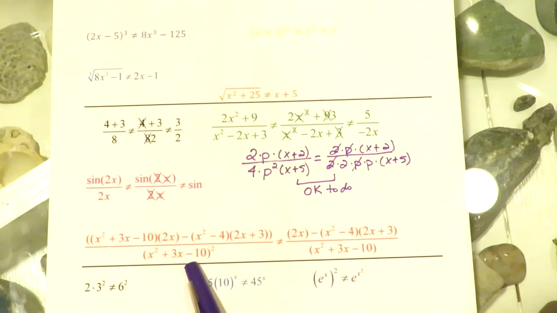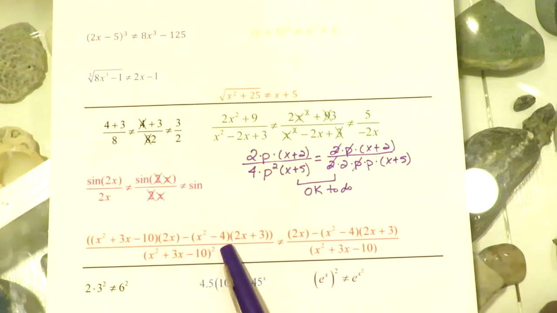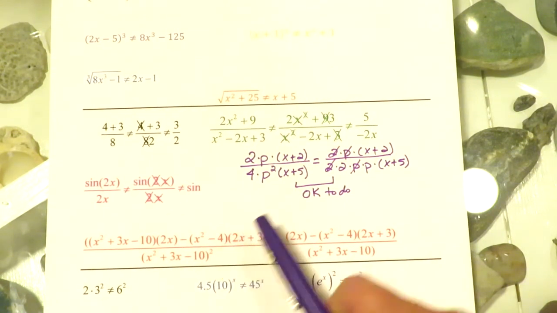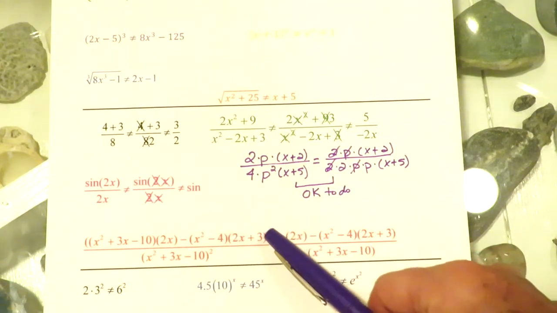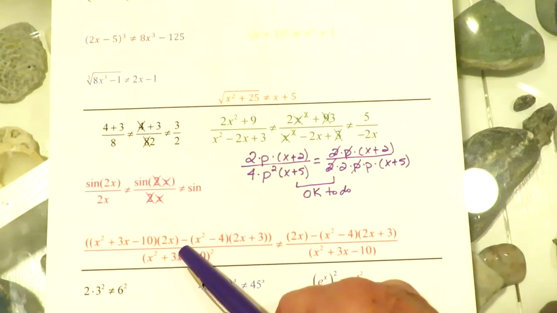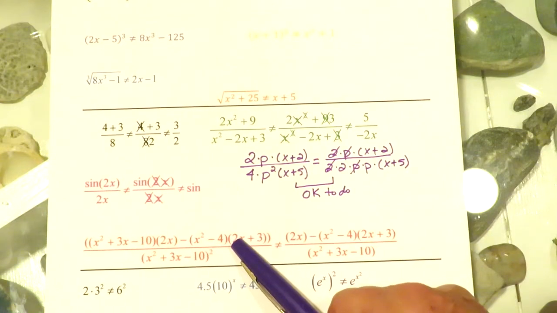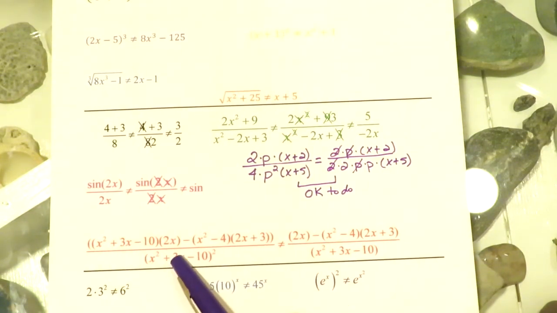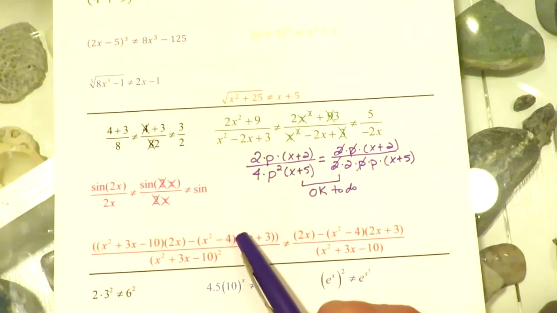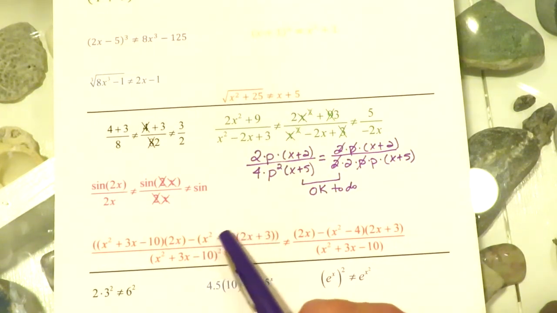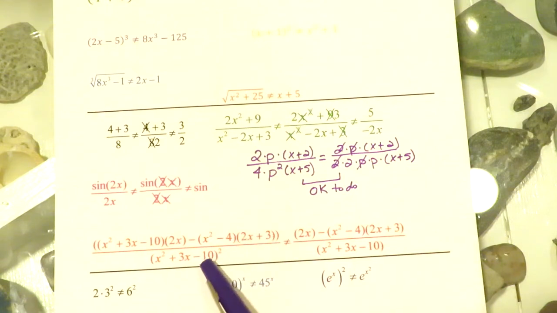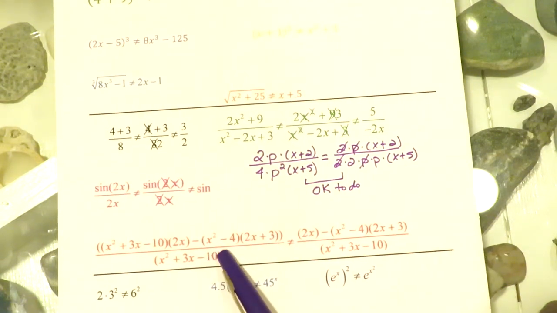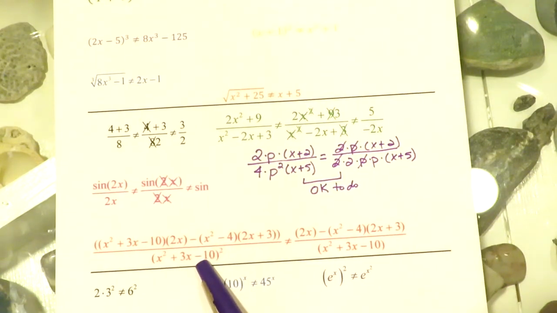Yes, there's a matching factor down here in that polynomial being squared, but notice this term that is being subtracted does not have that factor in it. So I cannot divide this factor into this factor, because I would be completely ignoring that this term is being divided by that polynomial squared, not that polynomial to the first power.